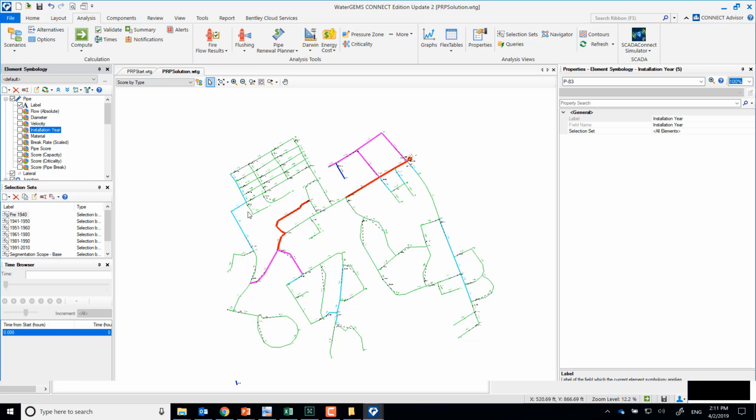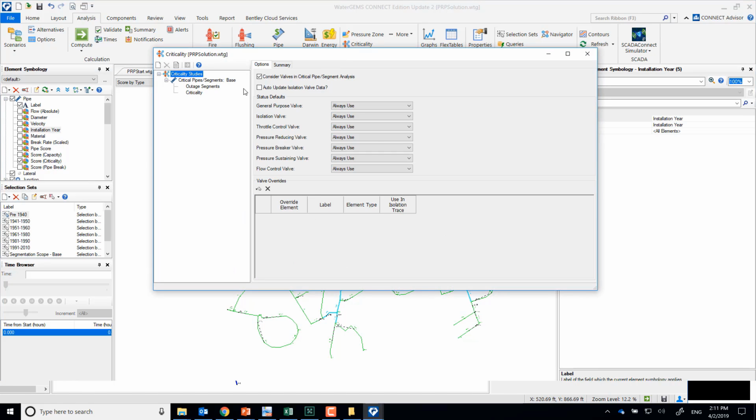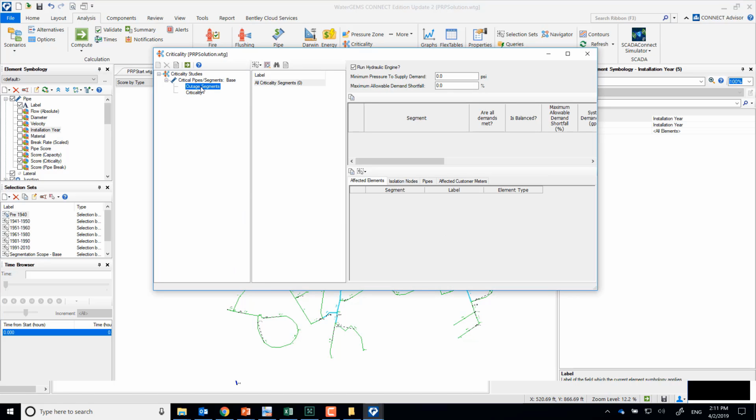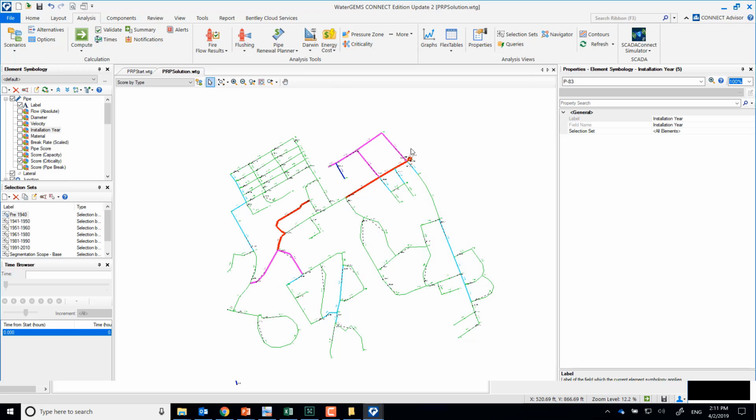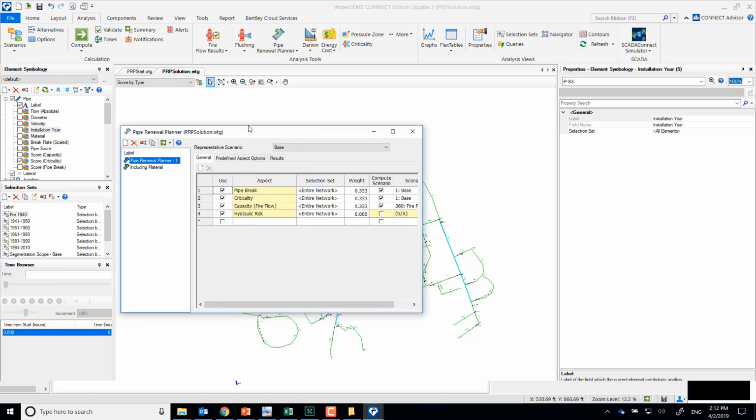Okay, so basically in that criticality, what we're doing is that we get information about which pipes are most critical. And what does that mean? Remember, we use in Pipe Renewal Planner a measurement.